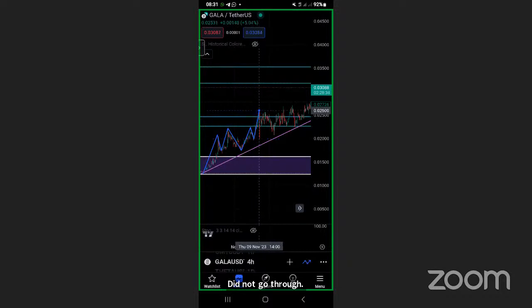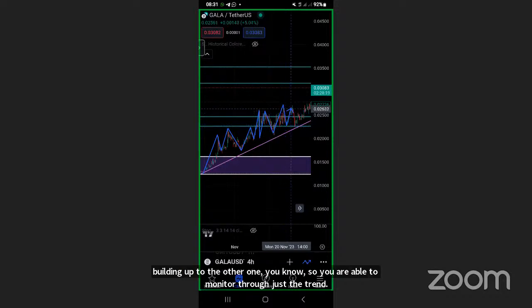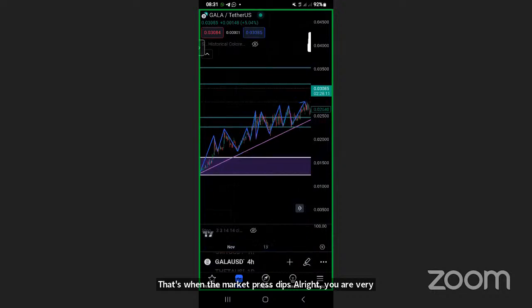There was another break of structure. There was another dip here before building up to the next one. So you are able to monitor through the trend that when the market price dips, you are very much aware that the trend is still continuing.